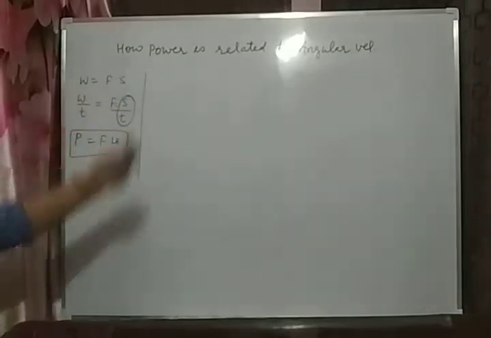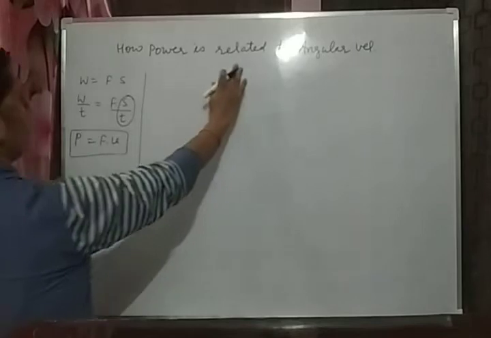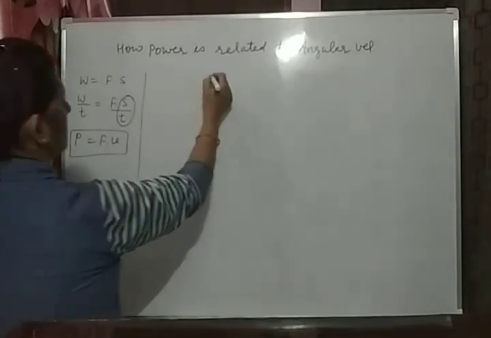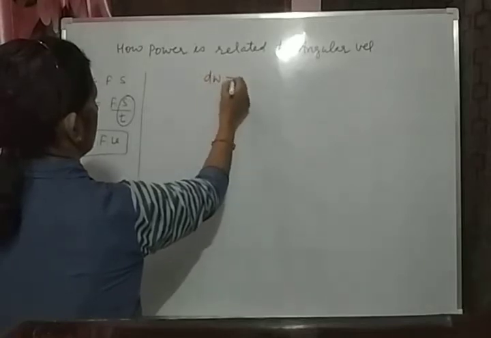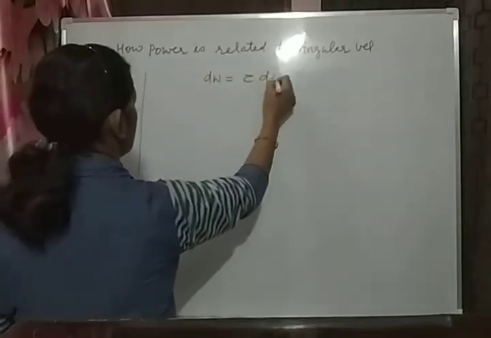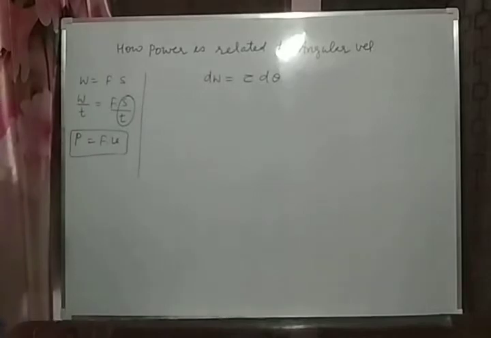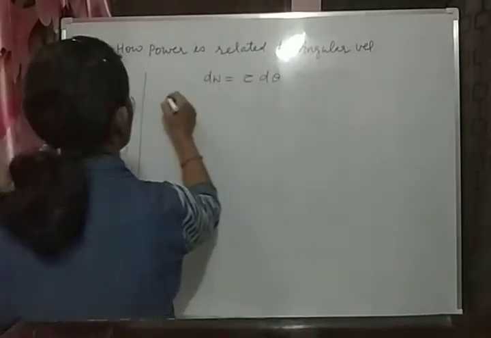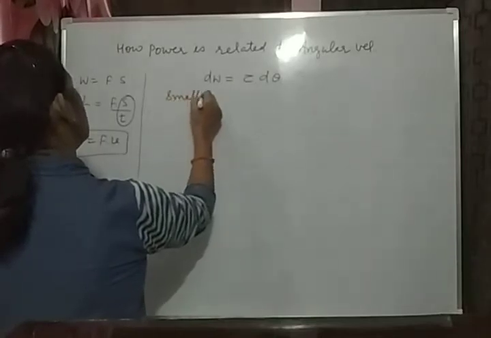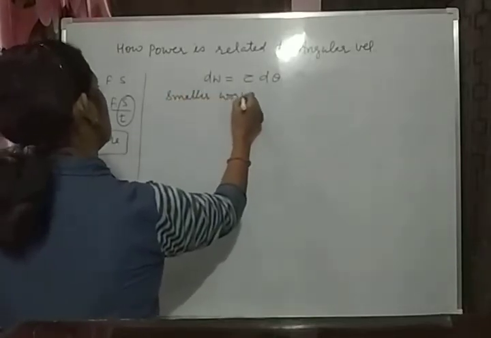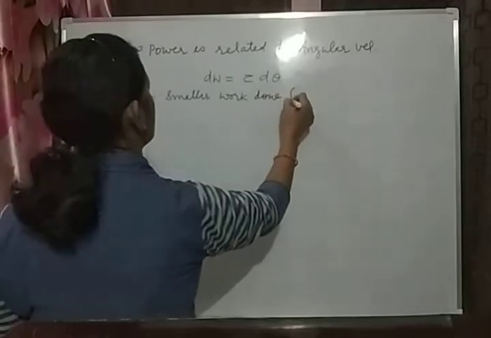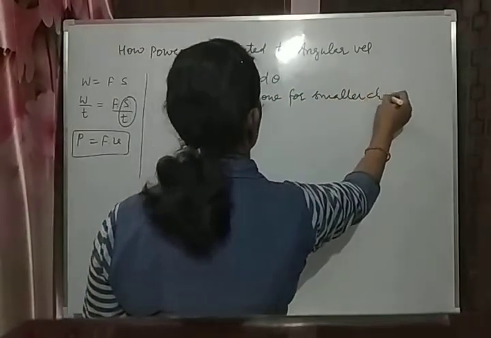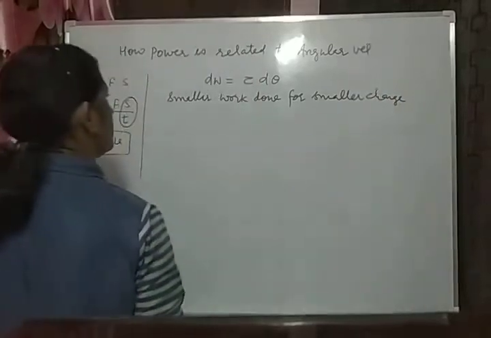Similarly, you can derive the relation from here. I told you a few seconds earlier that the small work done by the torque is equal to tau into d theta before integration. This dW is equal to tau into d theta, the smaller work done for a smaller change in angular displacement.